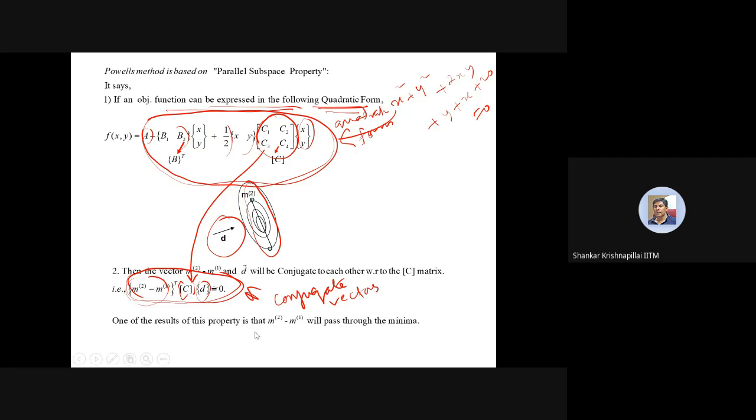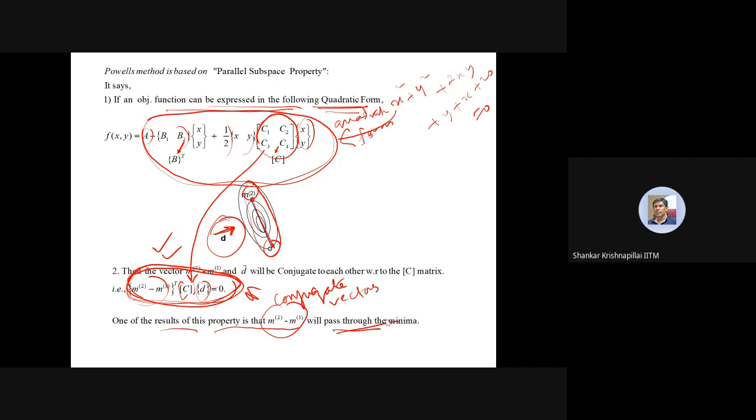Basically what I am going to say is that it is because of this property that you can find the minima along M1 and M2. That is the only mathematics I am going to emphasize here: because of this property, from D you can calculate M1, M2, and then the minima will lie between M1 and M2. One result of this property is that M1, M2 will pass through the minima. So this is the summary of the theory behind Powell's method.